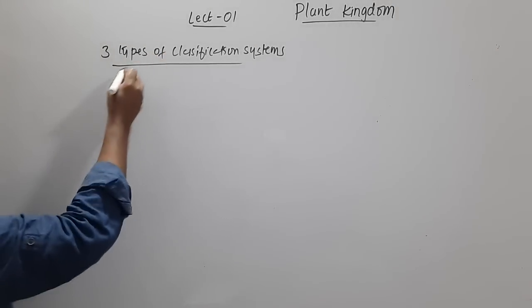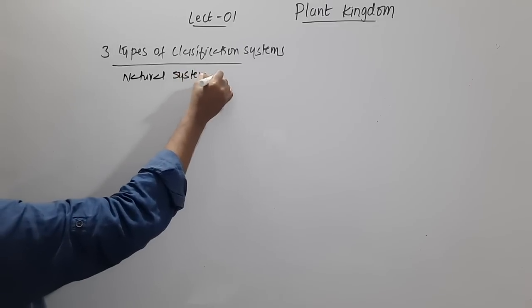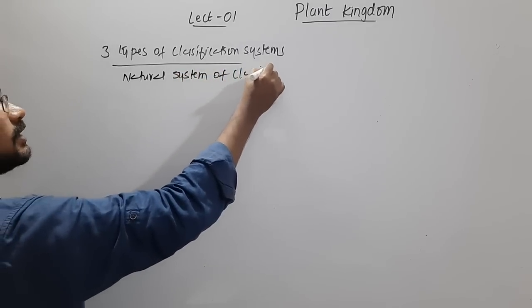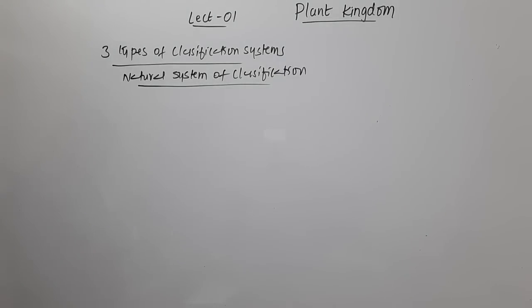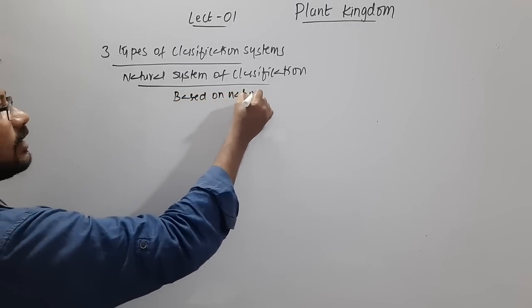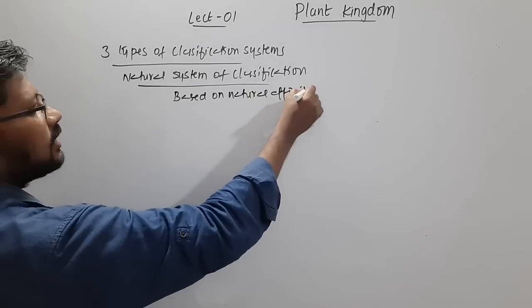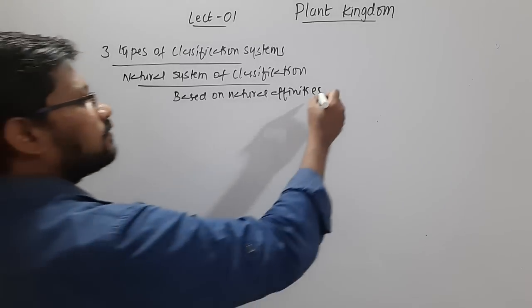Next we'll see the natural system of classification. This is based on natural affinities, which means the natural similarities among the organisms.